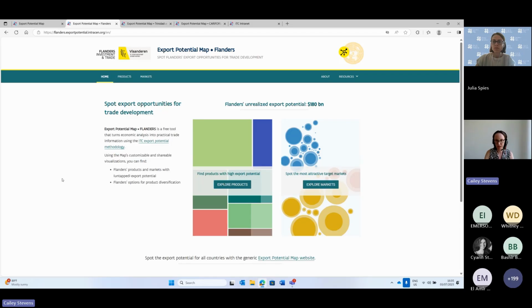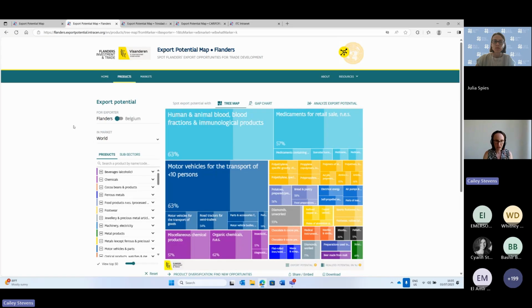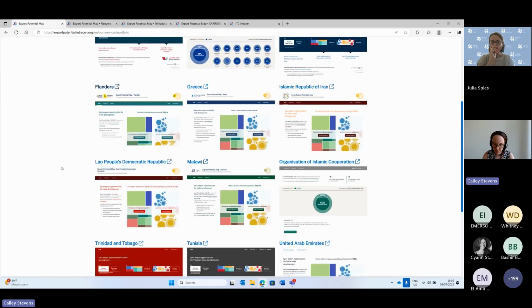So it's looking at the potential specifically for this region in Belgium. We are able to do this when countries can provide us subnational data. So Flanders was able to give us subnational data for Flanders, which is why we were able to develop this version.